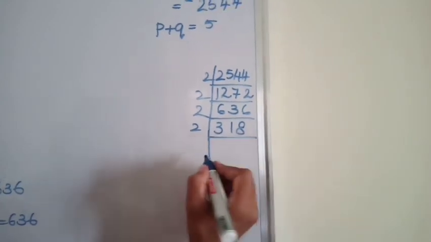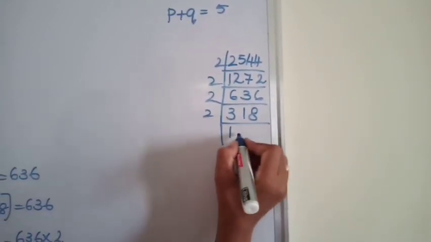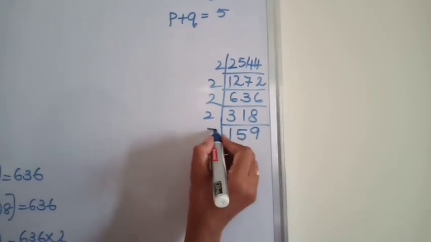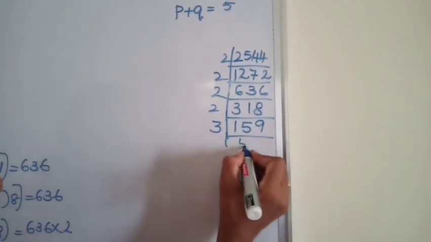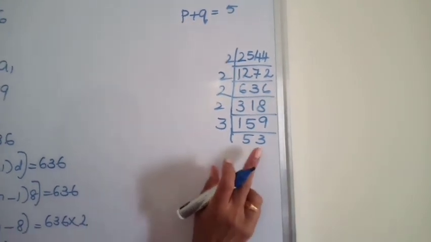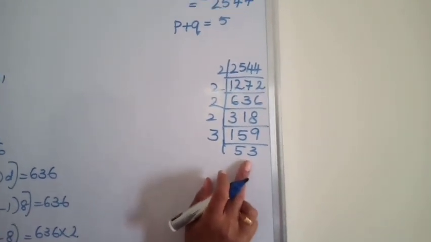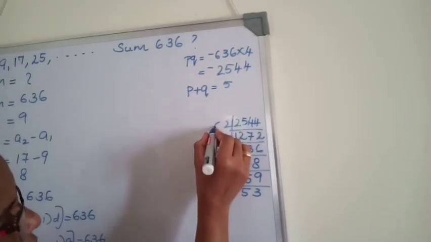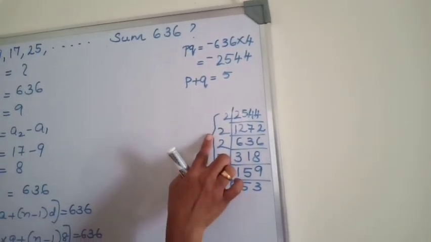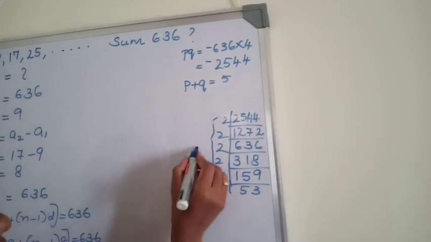Again 2 1s are 2, 2 5s are 10, 18, 2 9s are. Now 3 5s are 15, 3 3s are 9. So here as 53 is a prime number, we will stop the prime factorization. Now we will multiply these numbers all together. 3 2s are 6, 2s are 12, 2s are 24, 2s are 48. We will get 48.